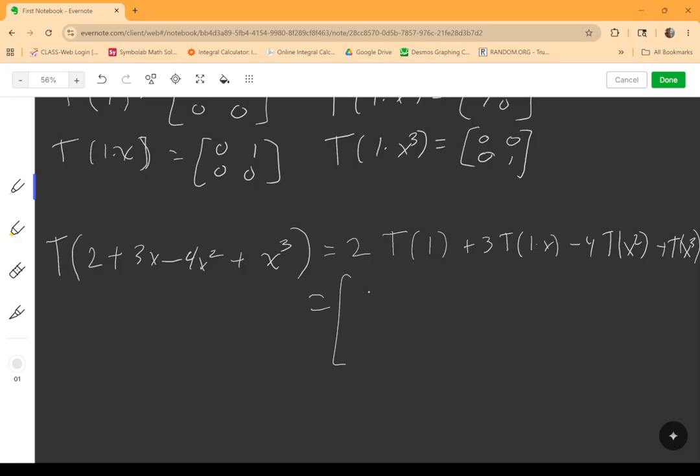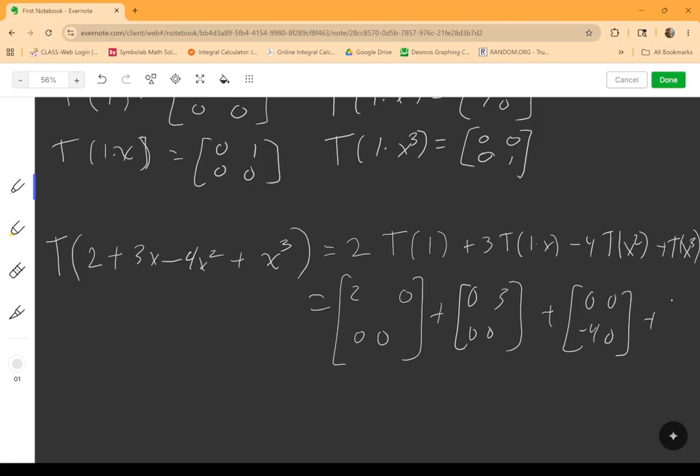We can see this gives me [2, 0; 0, 0] plus [0, 3; 0, 0] plus [0, 0; -4, 0], and then the last one is just the standard [0, 0; 0, 1]. Adding these gives me the following matrix.